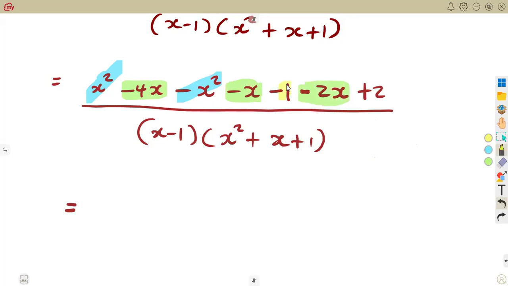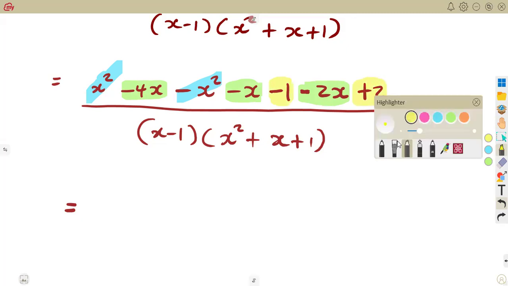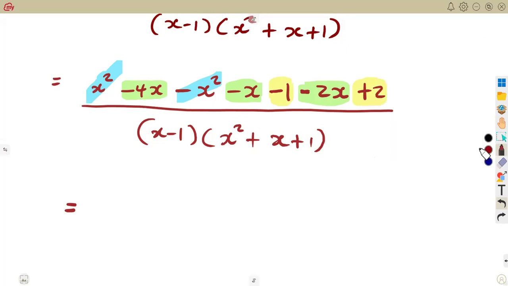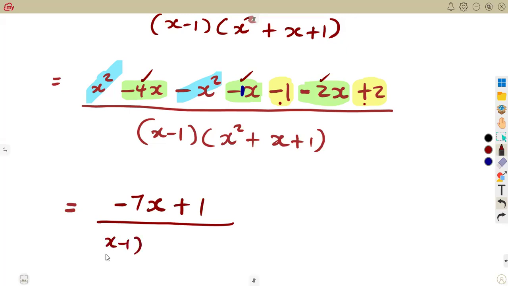Let me just indicate the remaining ones once and for all, so that we simplify. So this is minus 1 here. It's going to be minus 4, minus 1, minus 2. Use your calculator, guys. It was going to be minus 7, so that's minus 7x. Minus 1 plus 2, that's positive 1. Everything over x minus 1 into x squared plus x plus 1, like this.